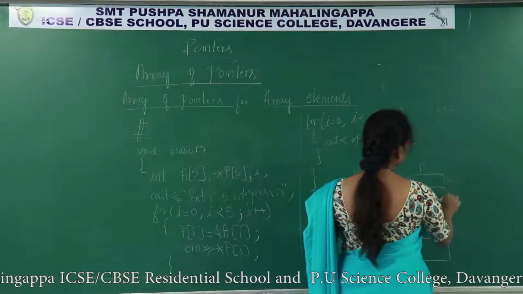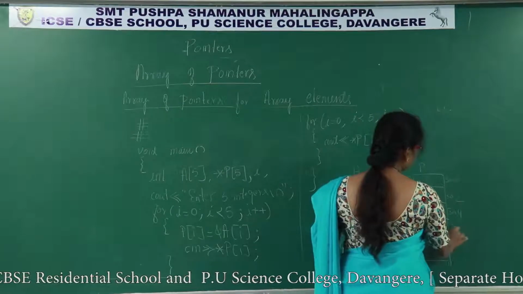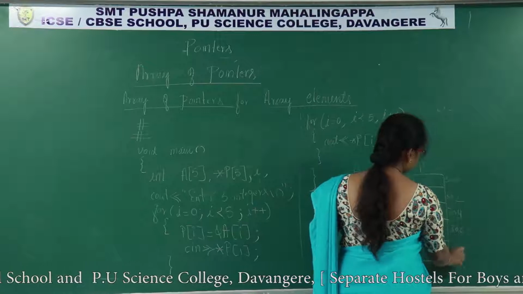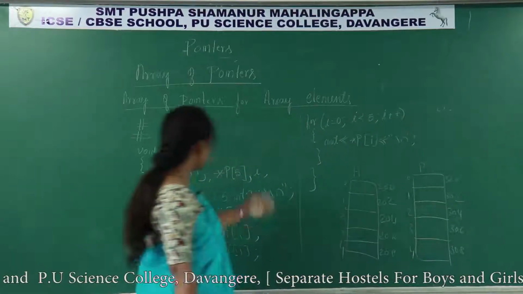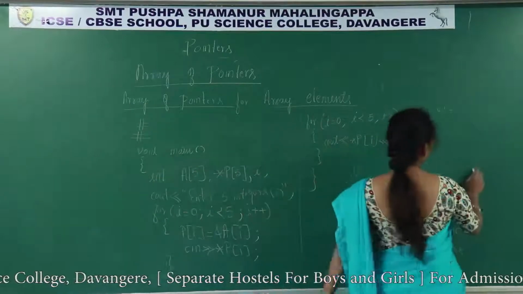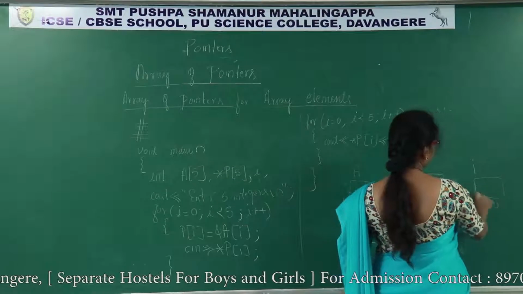Let us consider addresses are like this: 300, 302, 304, 306, 308. So when we write this statement, this memory will be allocated, and for I there is an integer variable, the address is 800.